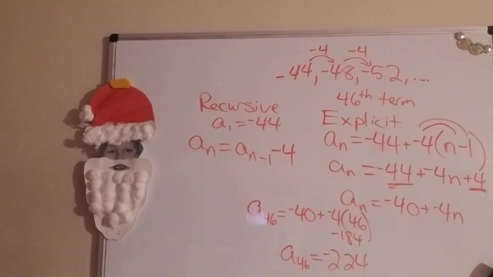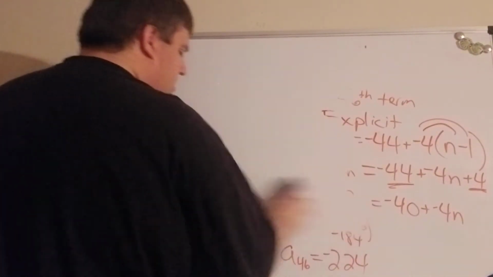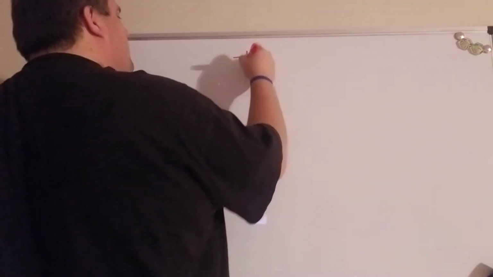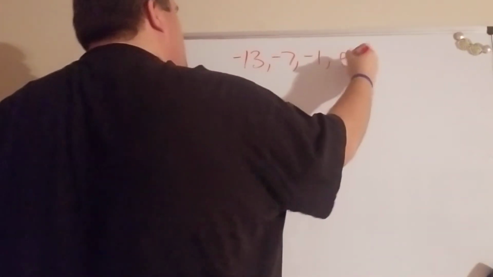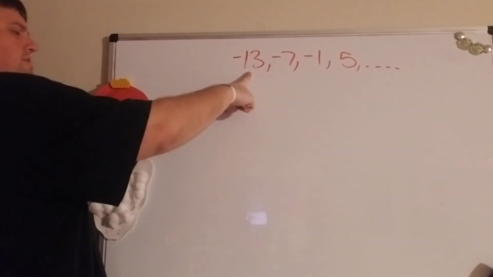All right, let's do the same thing for the other arithmetic sequence. So the next one was negative 13, negative 7, negative 1, 5. So in this one, a sub 1 is negative 13.